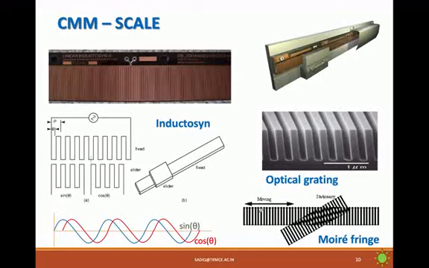The Moiré fringe principle is that if two similar patterns which are a little offset or a little tilted move one over the other, a pattern will be developed, and that pattern is an indication of the position of the moving scale with reference to the fixed scale.